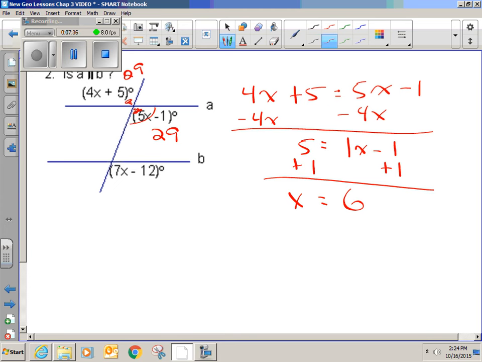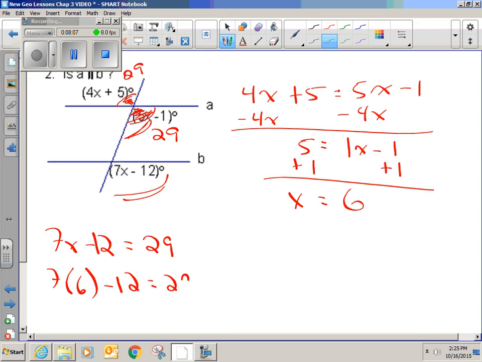So these two angles both equal 29, which means now this angle and this angle would have to be equal because those are corresponding angles if the lines are parallel, which means now 7x minus 12 is going to equal 29 degrees when x is 6. Well, 7 times 6 minus 12 is equal to 29.